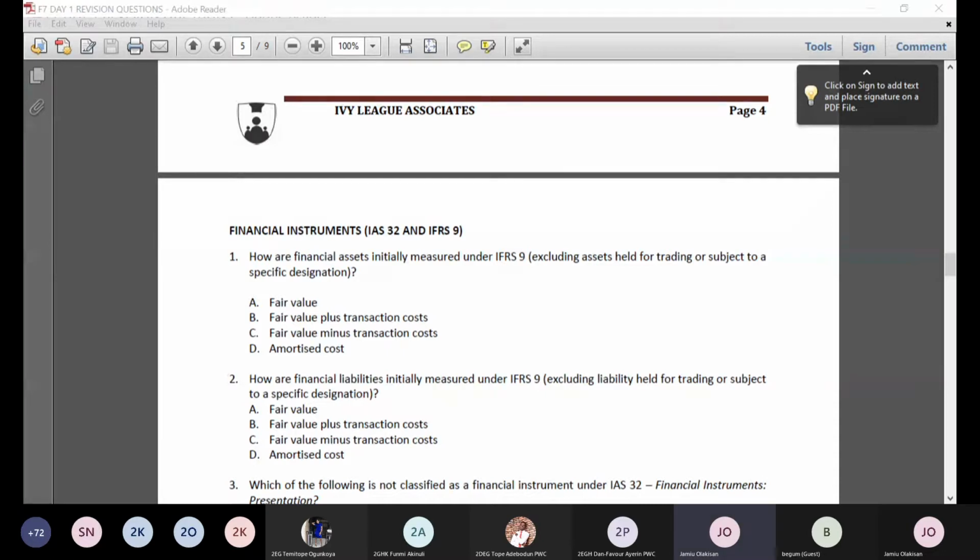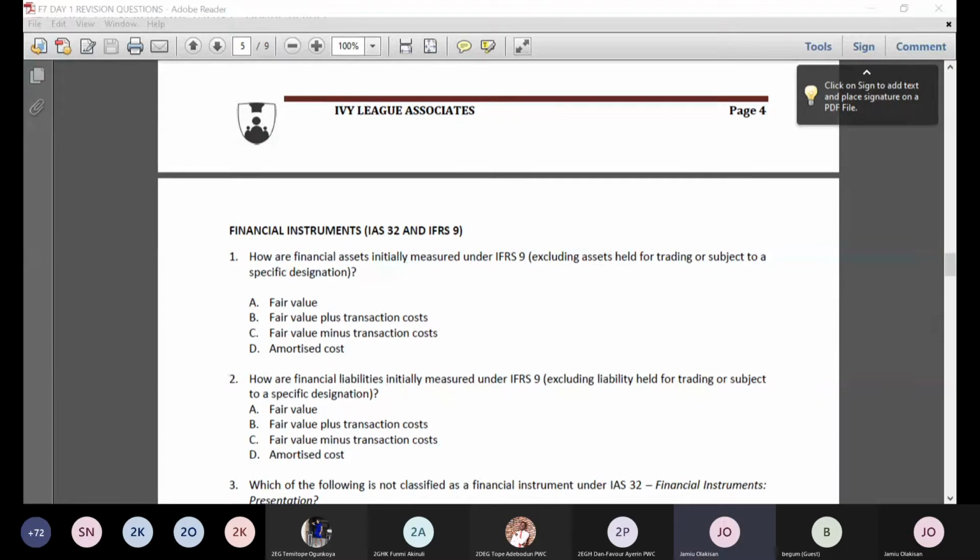It should be that 120. You will now compare that 120 with the value at the day you bought it, which was 100. That means you have had a fair value increase of how much? Of 20. That 20 will go to P/L if the equity instrument is fair value through P/L.